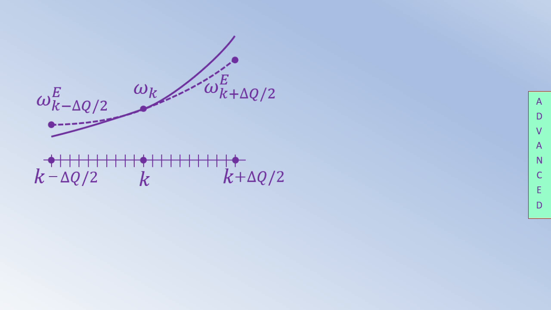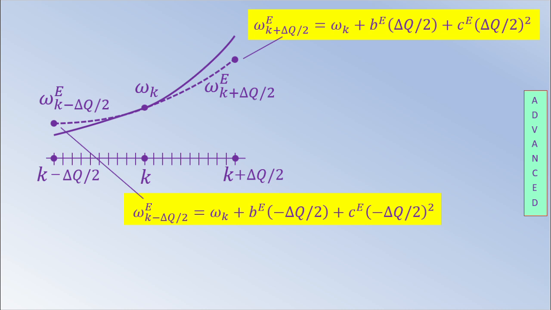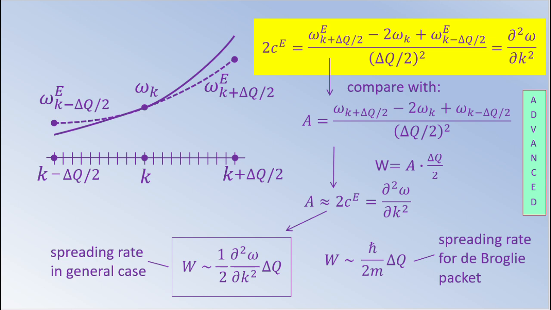Any point on this dotted line is described by a quadratic relation of the same form as the previously studied quadratic equations. But now the coefficients b^e and c^e are the same for all points on this curve. Thus, using the formulas obtained earlier, we can express 2c^e in terms of the values of the approximate function omega^e of k in 3 points on this curve with arguments k minus delta q, k, and k plus delta q.